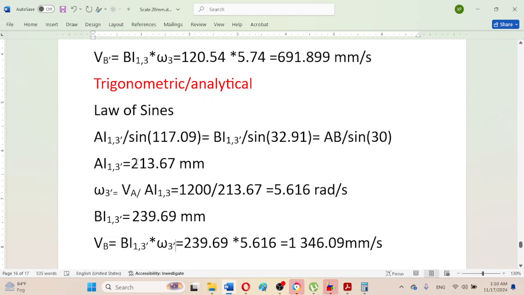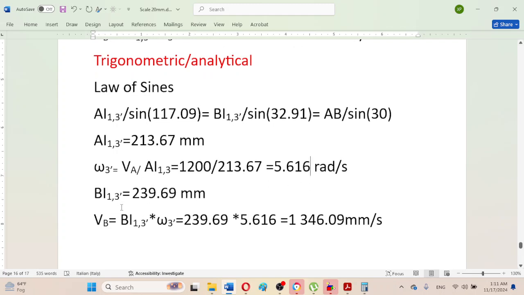As we can observe here, analytically the result is the same. That means the distance or radius AI13 dash is the same as that for the right hand circuit. So here there is no change. Now calculate omega 3 dash. That will be equal to 1200 divided by 213.67. So the angular velocity will be the same, but its direction is very important.